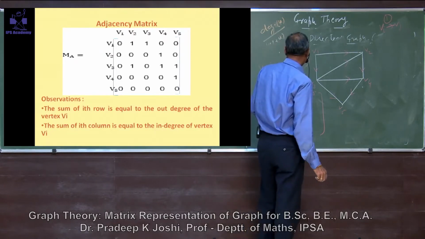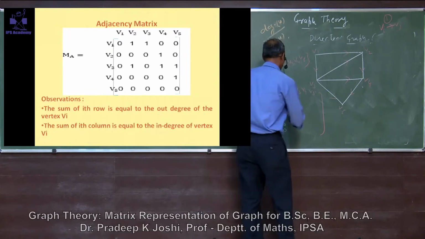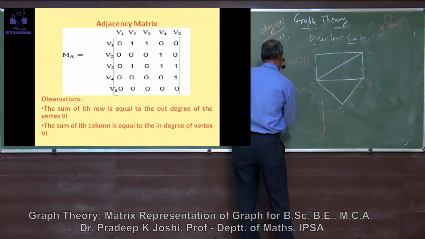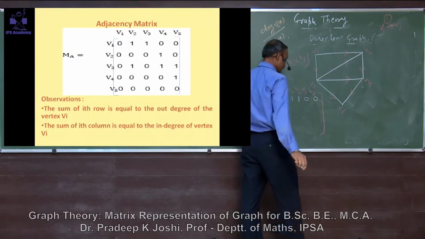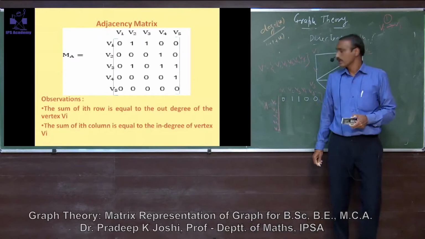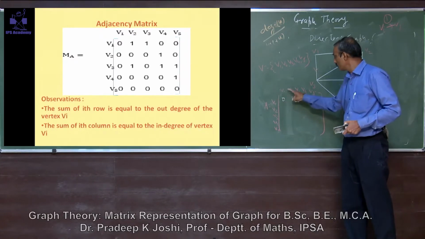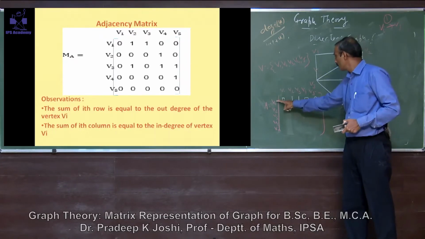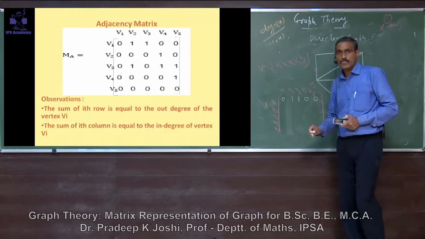Now V1 to V2 is a direction, so put 1, then V1 and V2 direction 0, 0, 0. Now this is the correction here. V1 to V1 no self loop, so 0. V1 to V2 direction, so 1. V1 to V3 this is 1. V1 to V4 no direction, so 0, V1 to V4 not adjacent, so 0.